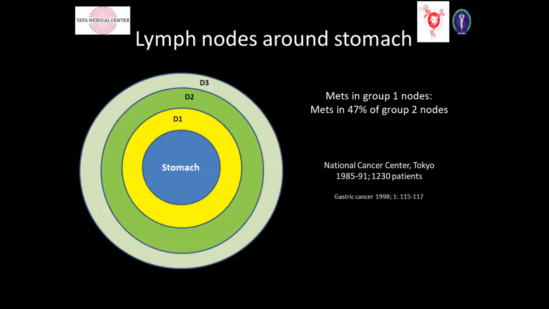So the most important thing we should know about is the exact type of operation which is required for a gastric cancer. D stands for the dimension of the lymph node dissection. If you see this graph, D1 group of lymph nodes always stays with the stomach.